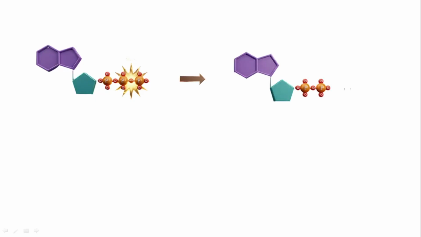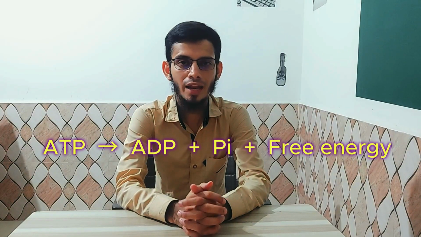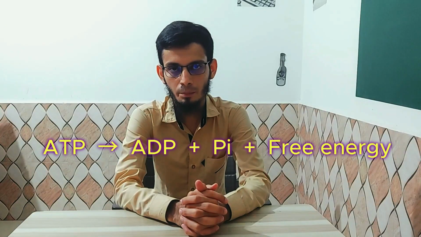When one phosphoanhydride bond breaks, it releases ADP plus Pi plus free energy, which is used to drive various cellular reactions, and this reaction is known as hydrolysis of ATP. Here you can see that delta S or entropy for the reaction increases. Why? Because here there is 1 molecule of ATP and on the product side 2 molecules, meaning entropy increases, but we will not consider this.